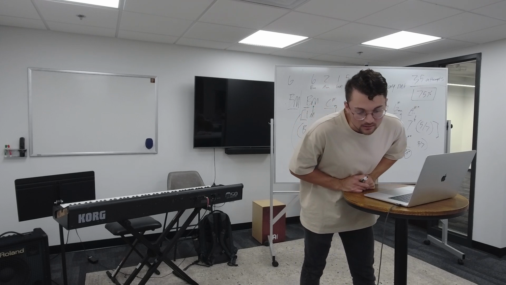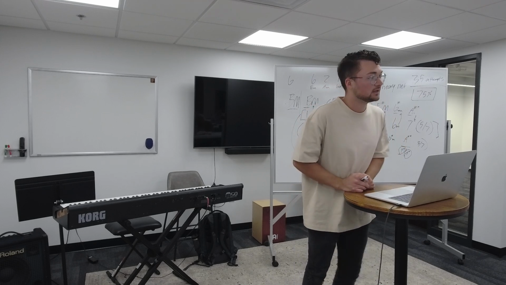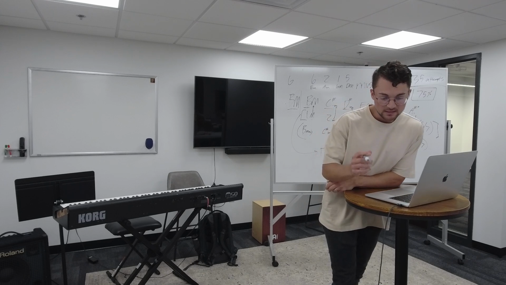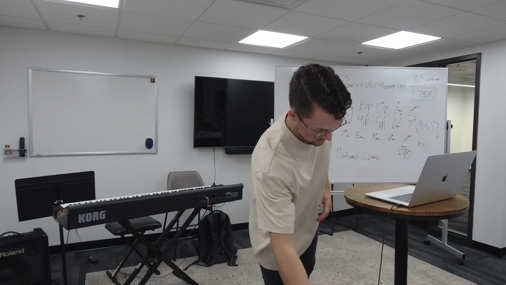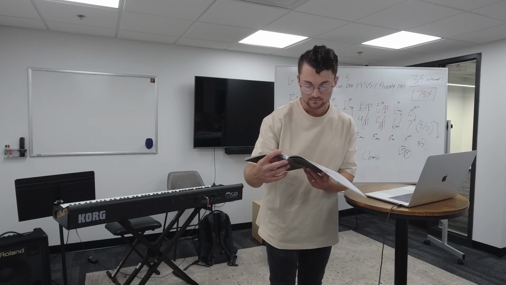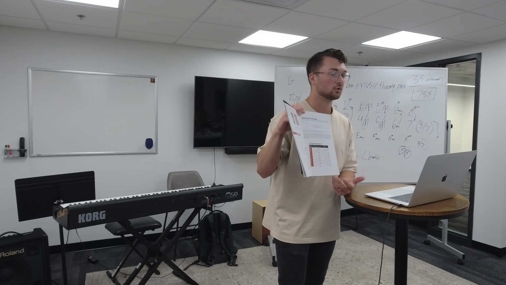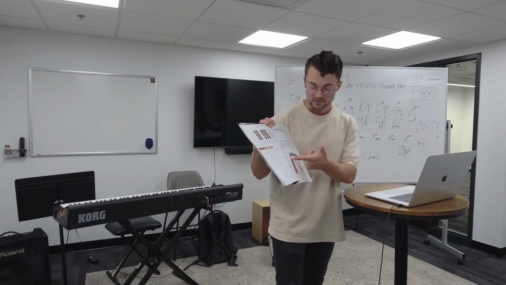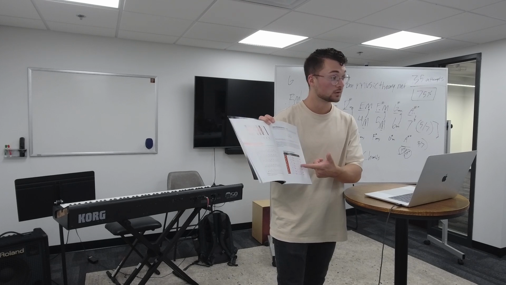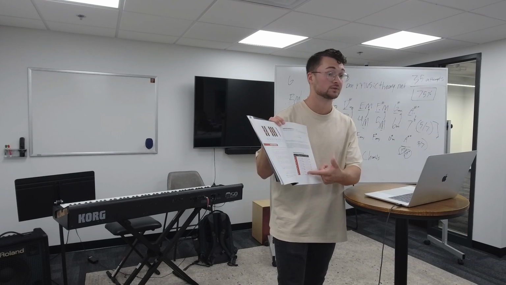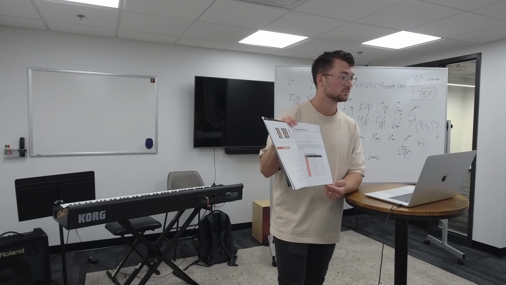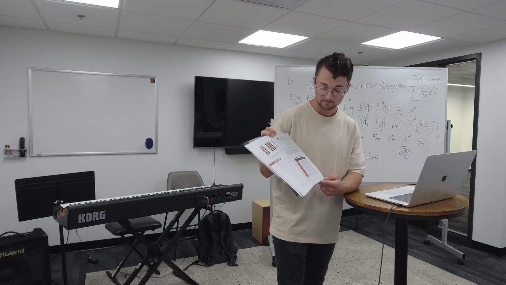Real quick, page 9. Page 9 in the textbook is a template of basically all of the keys that you'll ever play in, with its corresponding chords within that key and which ones are major and which ones are minor. Do you see that on page 9 at the bottom?